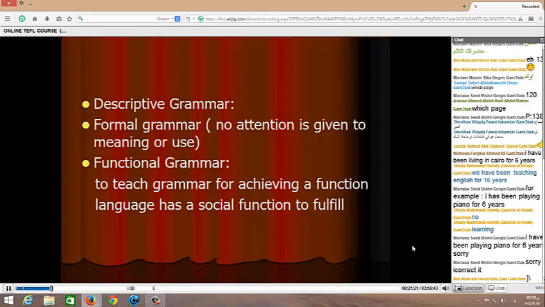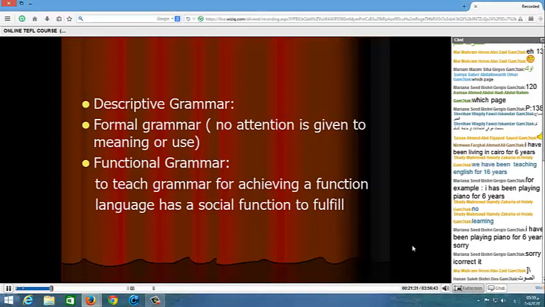We just give a description of the way grammar works, of the way the language rules, the language patterns have been formed and used and so on. We have formal grammar, again almost the same as descriptive grammar. This is a traditional way of dealing with grammar.